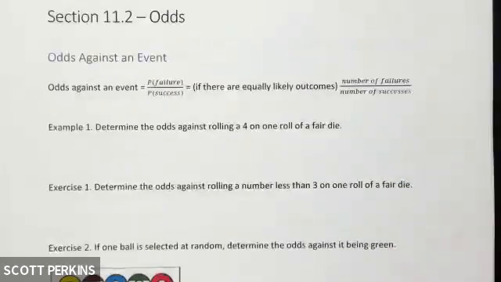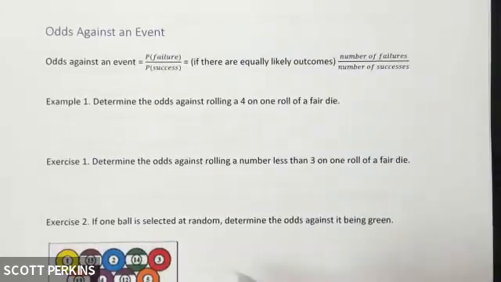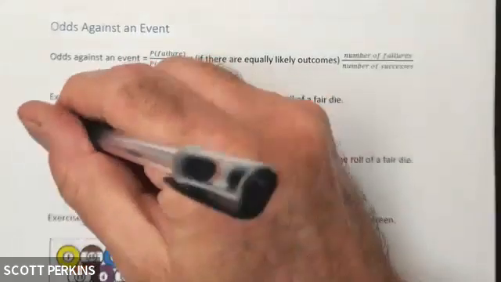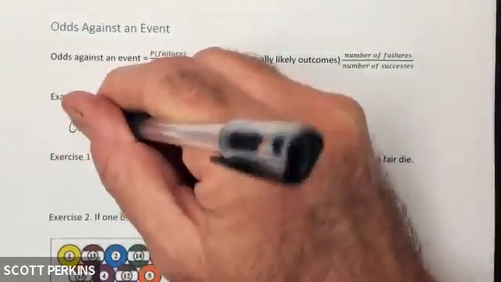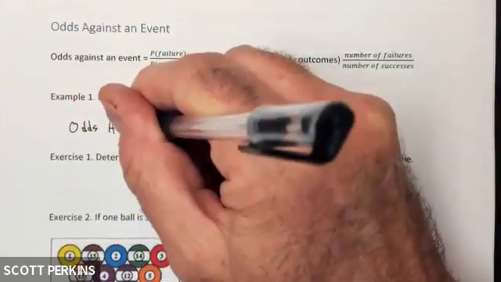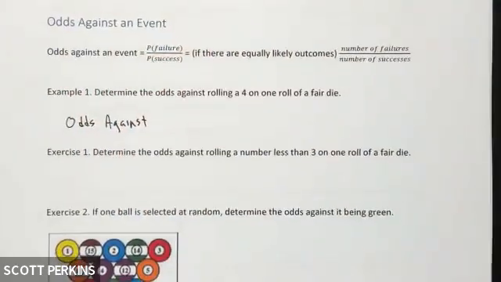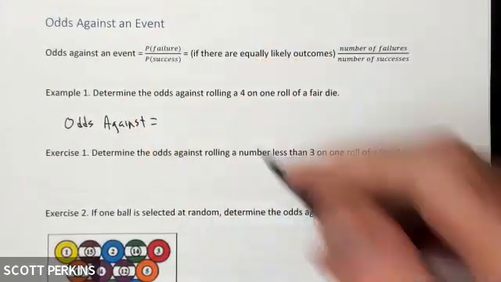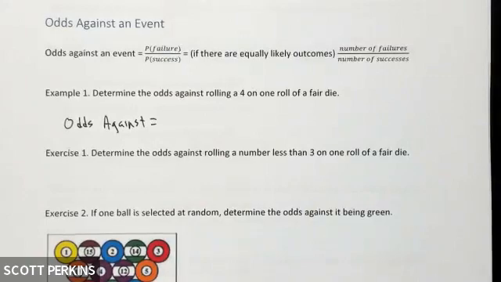So for instance, my example, determine the odds against rolling a 4 on one roll of a fair die. Okay, so the odds against this happening. Well, first, it's going to be the probability that I fail to get a 4.